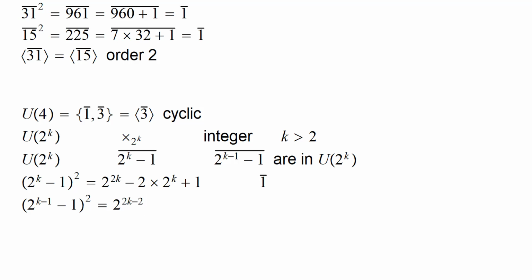It still will be at least 2 because k is greater than 2, minus 2 times 2 to the k minus 1. So that will be simply 2 to the k, okay? And then we have a plus 1. So this portion is a multiple of 2 to the k, okay? All right.